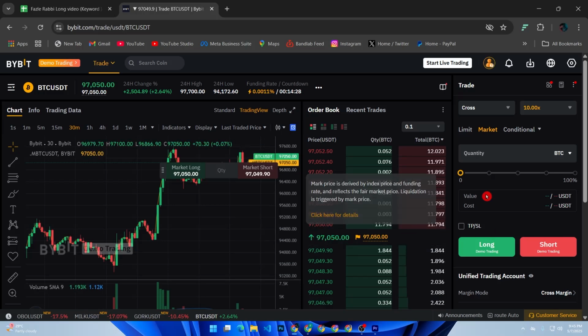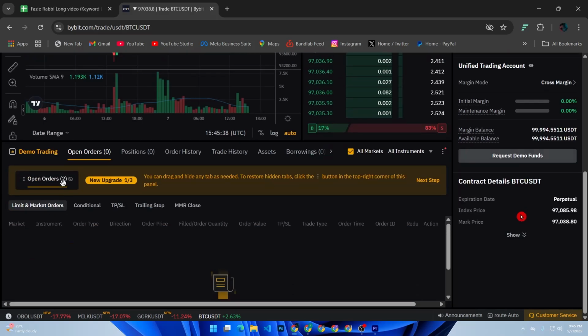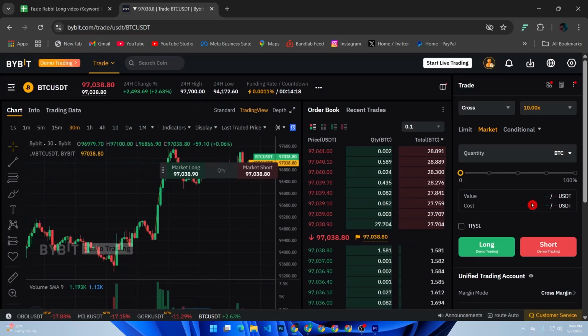Set leverage, start with 2x or 3x as a beginner.